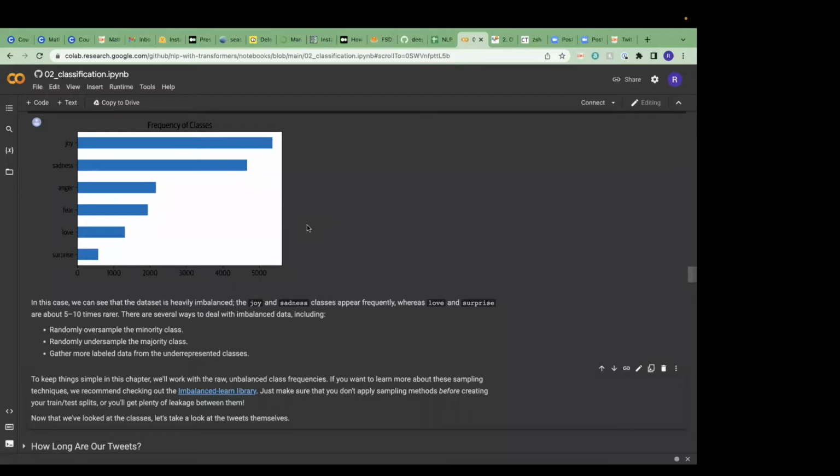I don't have the exact details in front of me, but I'll post the link of where he talks about it and what he suggests that you do. So it's not true that in all cases you would want to fix the imbalance; you want the classifier to still stay true to the imbalance that it will invariably find in the data.